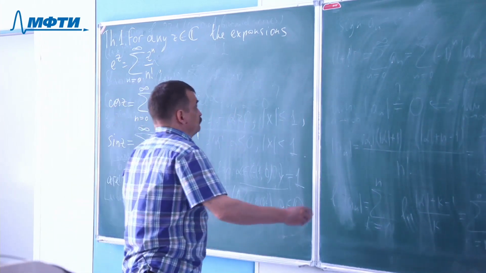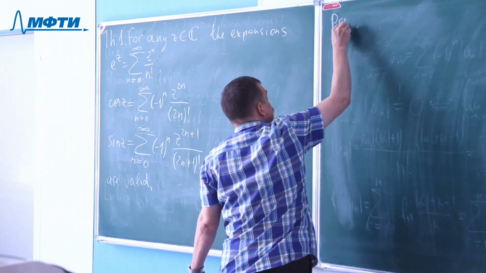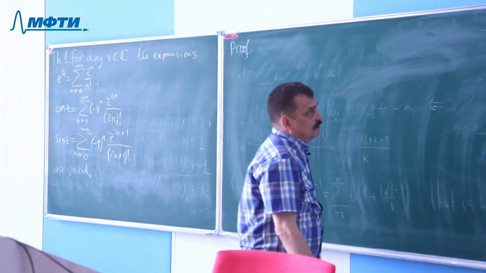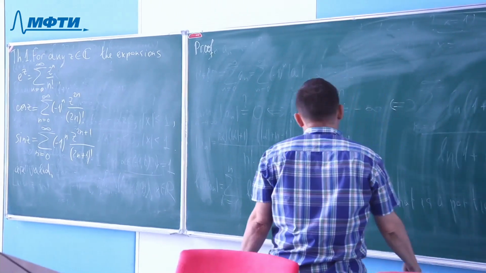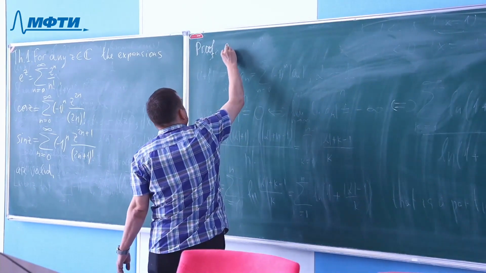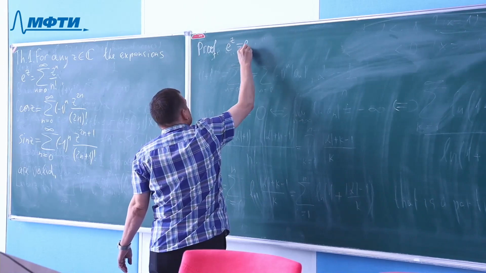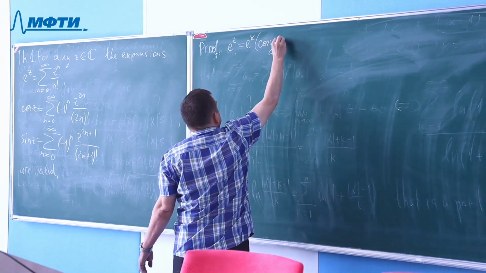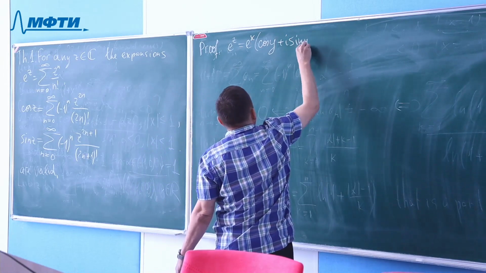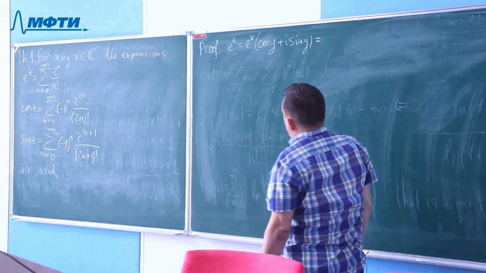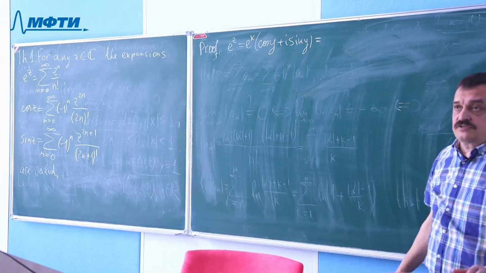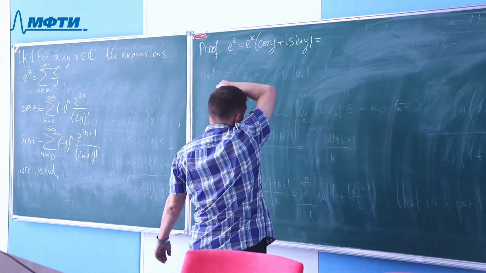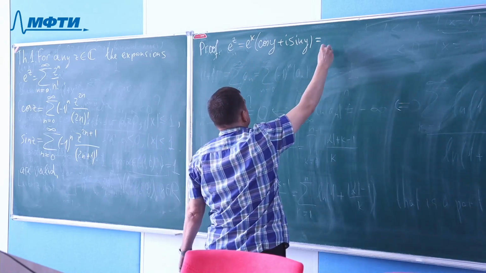So, proof. We use the definition. So e to the power z is by definition that one. And we can use Taylor series for both exponential and trigonometric functions.